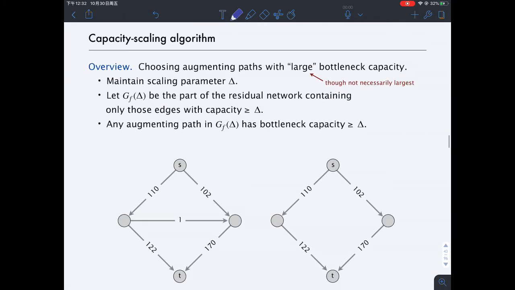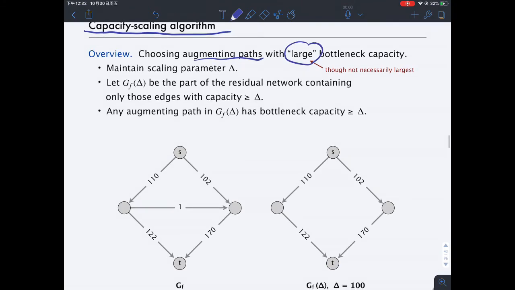Now, our second approach, we call this algorithm the capacity scaling algorithm. Let me read out the text carefully. We just need to choose augmenting paths with large bottleneck capacity. The high level idea is that we want to maintain a scaling parameter, delta.